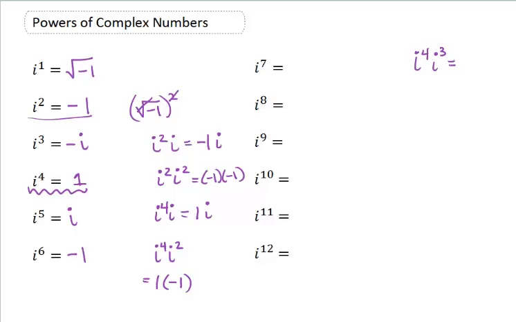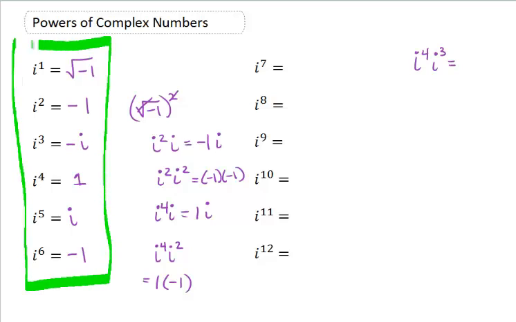If we look back over on the left, we have all of these that we can use. i to the 4th we know simplifies as 1, and i to the 3rd simplifies as -i. So 1 times -i gives me -i.